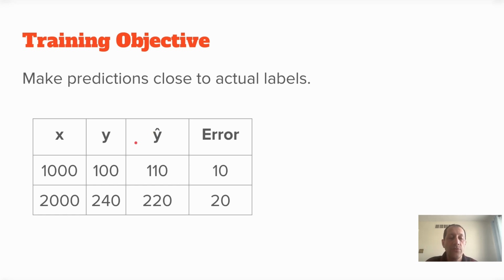And what you're trying to do is you look at the difference between these two, right? This is the error, in this case 10. And you want to minimize it as much as possible. So when I say make the best predictions, what I talk about is that make these errors as little as possible. And you're going to have n numbers for errors for the n number of examples you have.